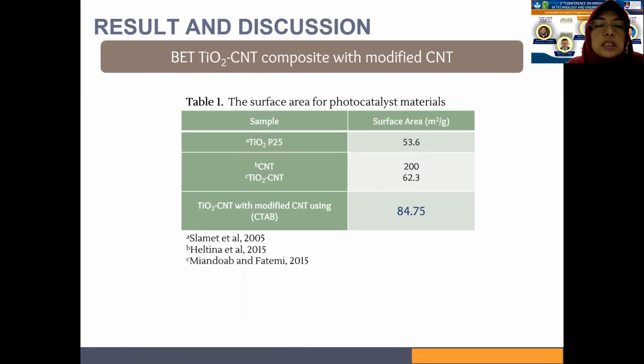The composite TiO2 CNT with modified CNT using CTAB has a surface area of 84.75 square meters per gram.